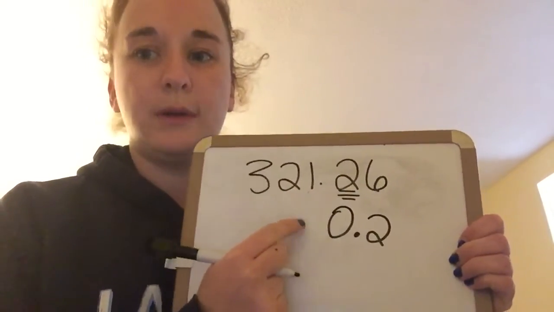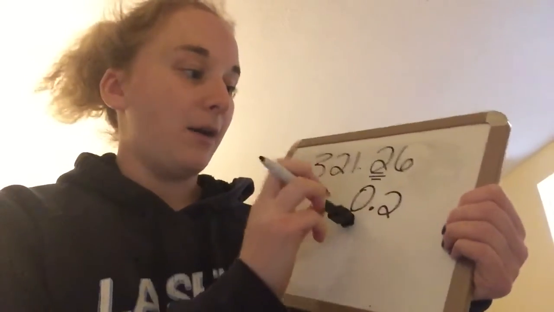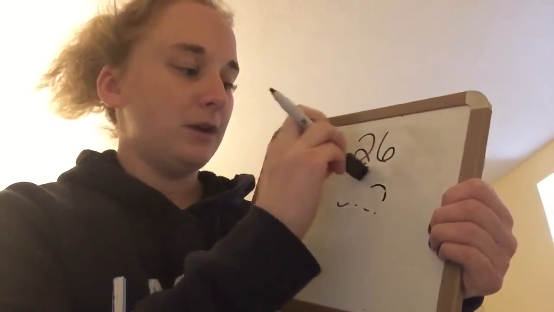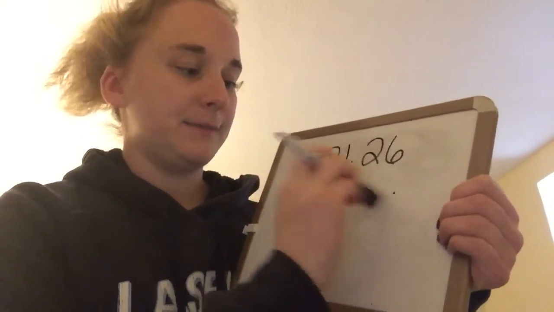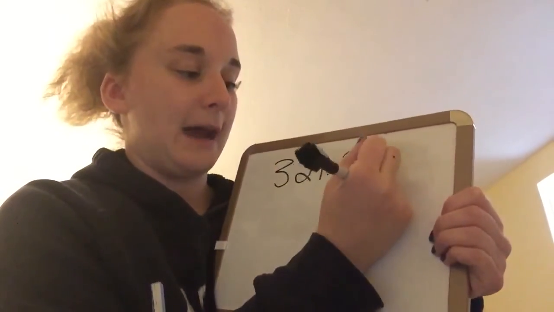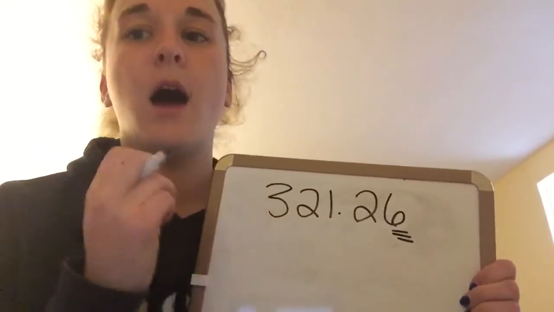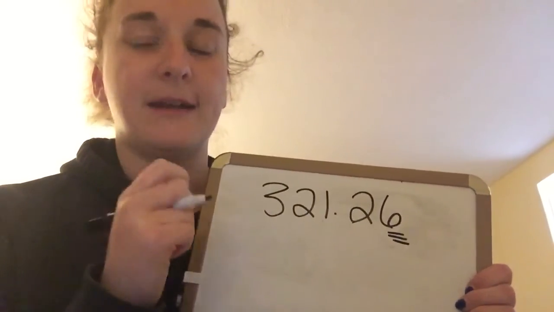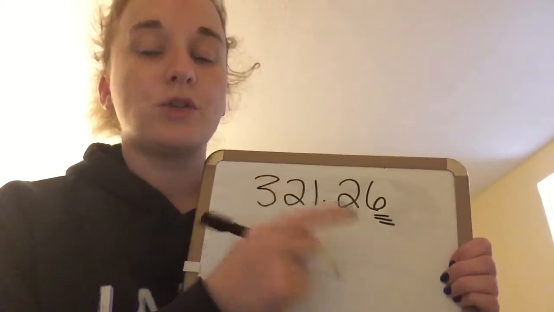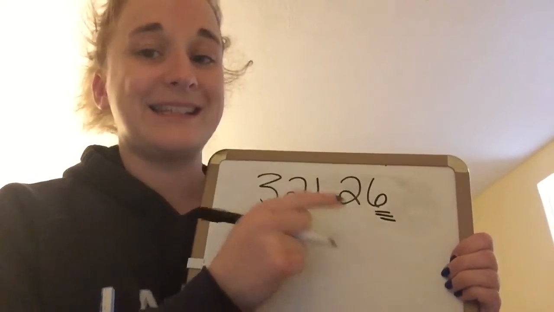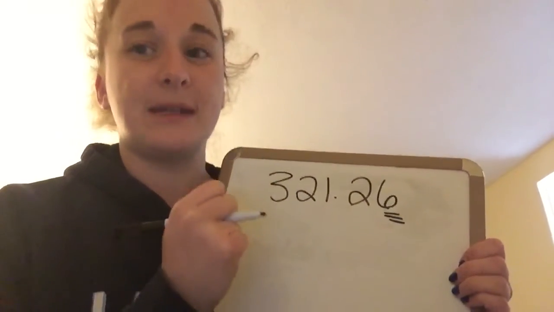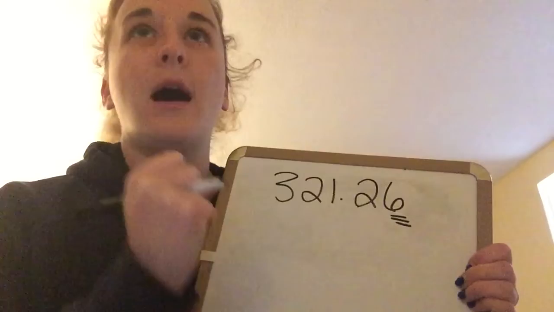That's 2 tenths. Now I'm going to move over to the 6, which is 2 spots after the decimal, which I already said was in the hundredths place. Notice I added a TH to the end. So I have my 6 in the hundredths place, so the value of this number is going to be 6 hundredths.